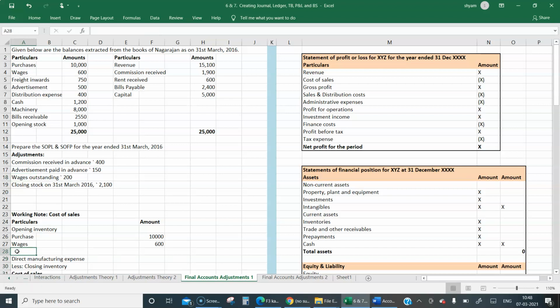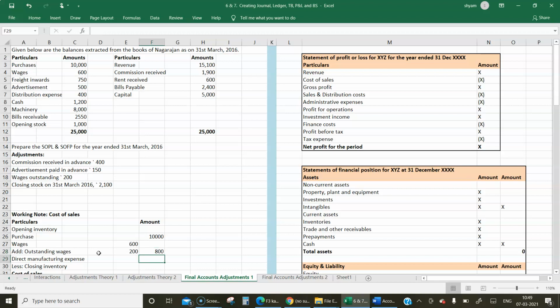So add outstanding wages. Outstanding wages comes to 200. Wages was 600. So both put together are 800.